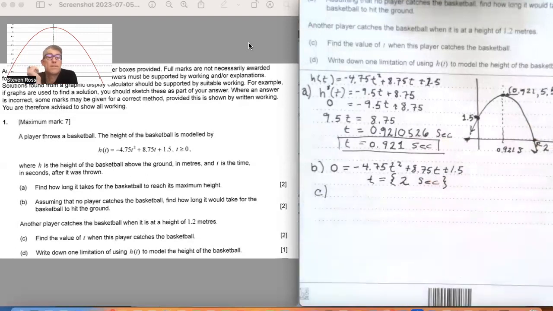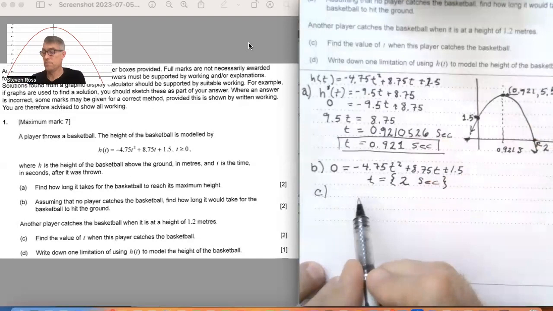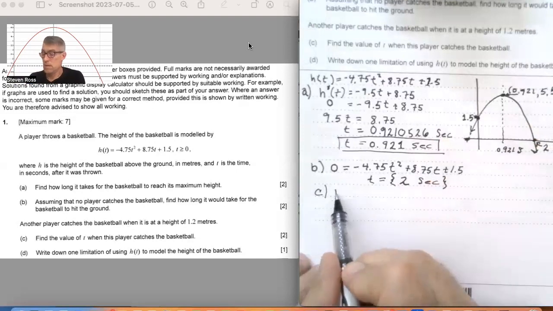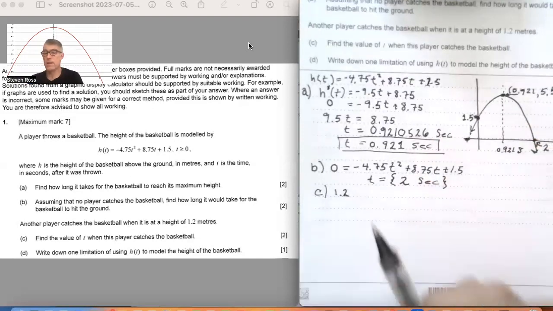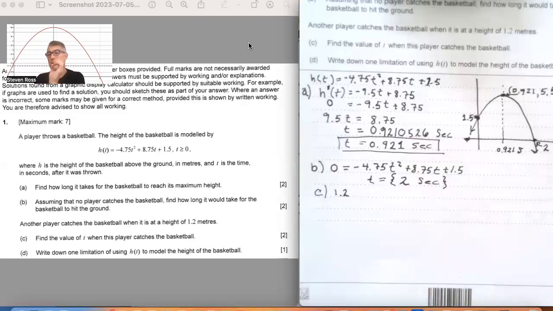Another player catches the basketball when it is at a height of 1.2 meters. So maybe I'm not interested in when it hits the ground, but I'm interested in, well, when, because this is asking me when, right? Find the value of t when the player catches the basketball.